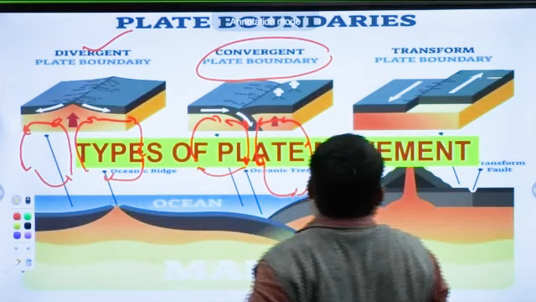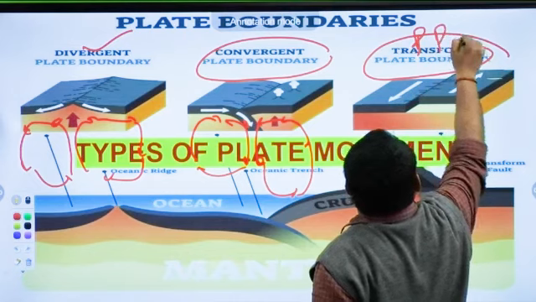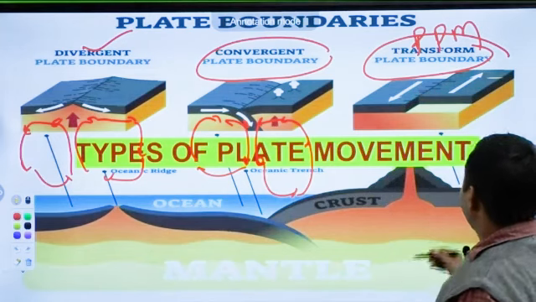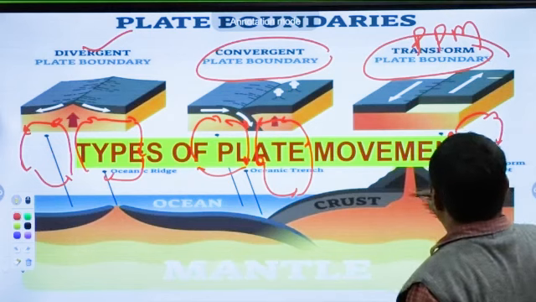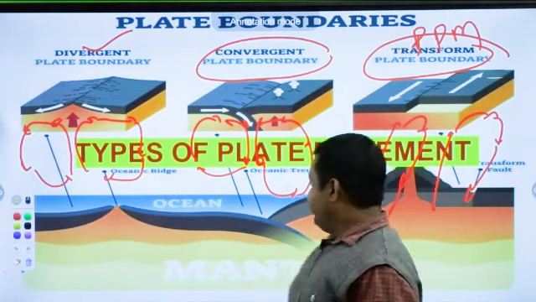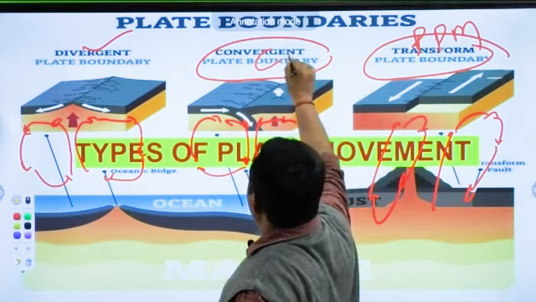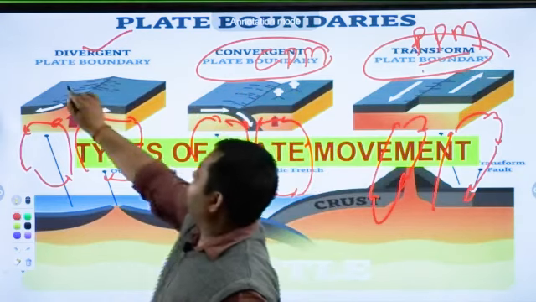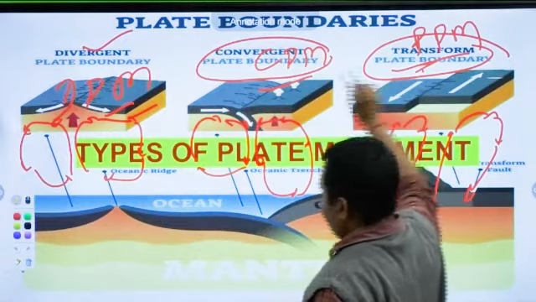And thirdly, we talk about the transform plate boundary, or the parallel plate movement, where there is parallel flowing of magma. So we can visualize three types of plate movement: converging, parallel, and diverging, CPM, PPM and DPM.